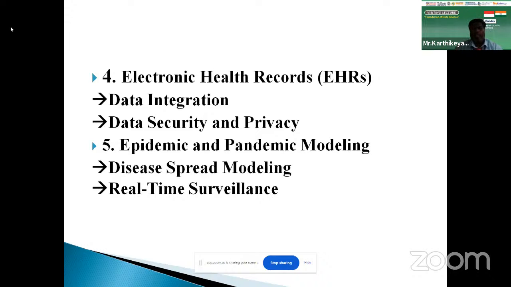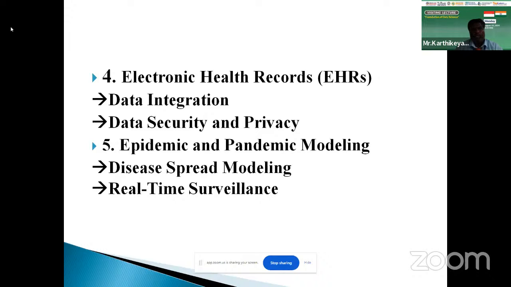And next one, epidemic and pandemic modeling. This follows two categories: disease spread modeling and real-time surveillance. Disease spread modeling is used to model the spread of infectious diseases and predict outbreak scenarios by processing data from multiple sources such as health reports and mobility patterns.